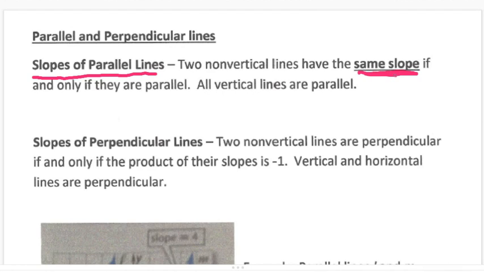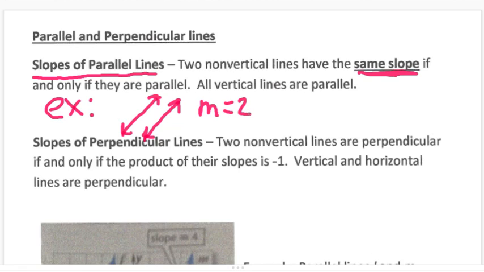So for example, if you think about this, if we have two parallel lines and each of them have the slope of 2, then they are parallel. Okay, so that one's easy. Same slope, parallel slopes.